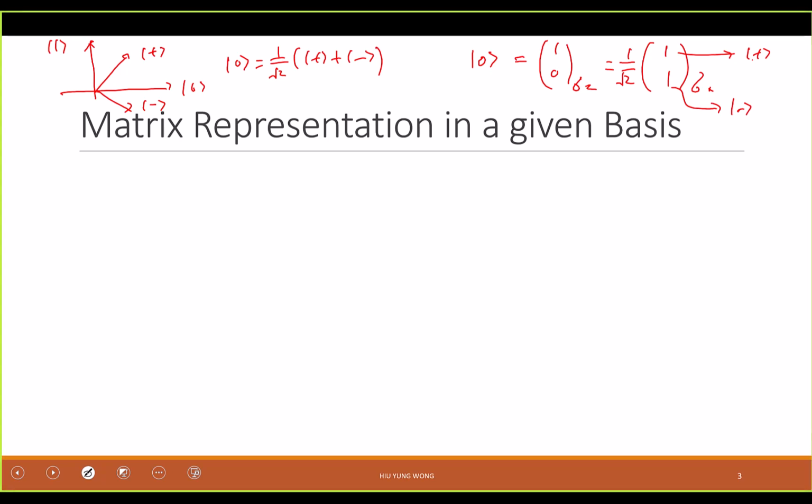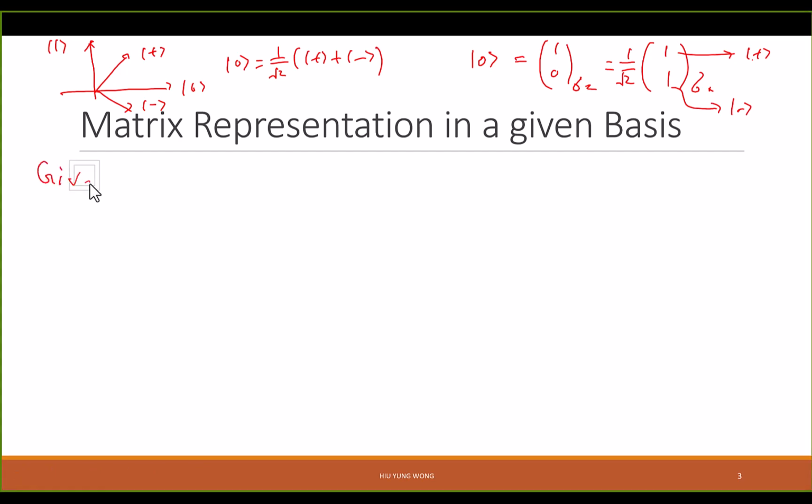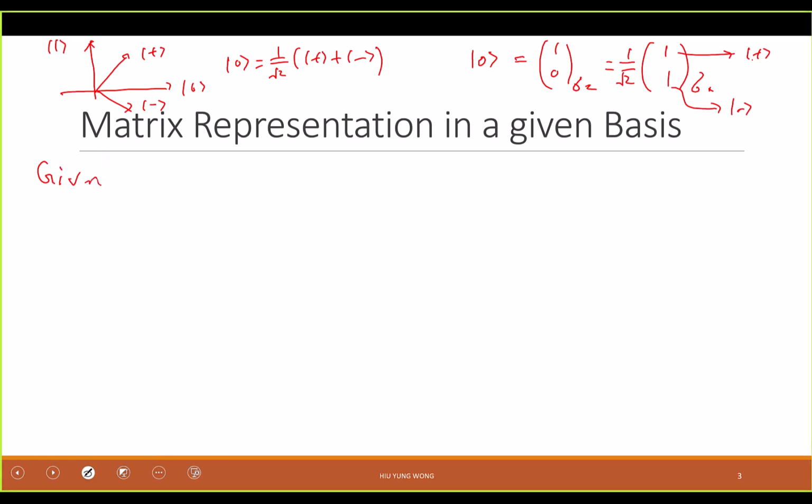So here I'm going to give you the equation. Given a basis, it is a set, so I write it in this way. It's a set of vectors, and this is a basis.